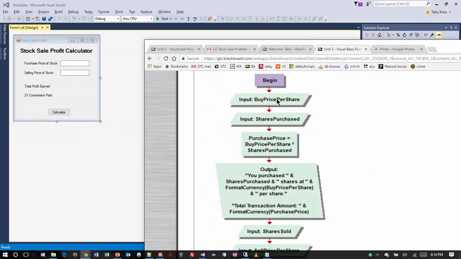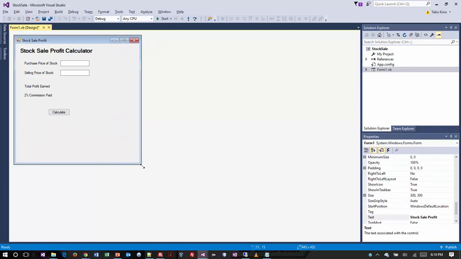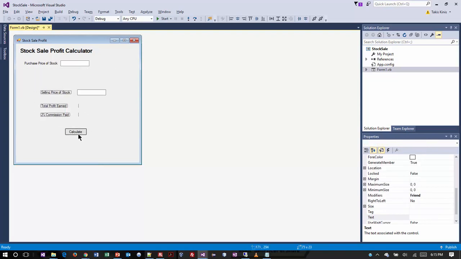And the first thing that we're going to do is we are looking for the purchase price of the stock, but that's now expressed as two different items. So what I'm going to do here actually is I'm going to make my form larger to begin with, and then I'm going to grab most of the stuff here at the bottom. You can see I'm drawing a selection, just a click, a drag, and I'm going to grab everything from here on down and just kind of move it out of the way.